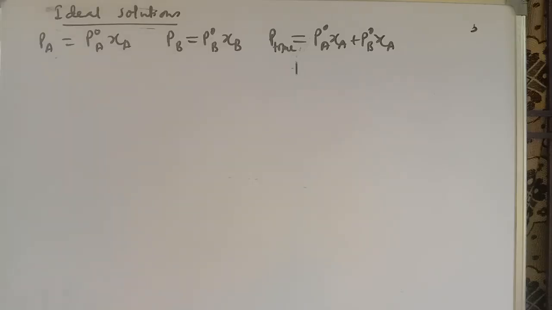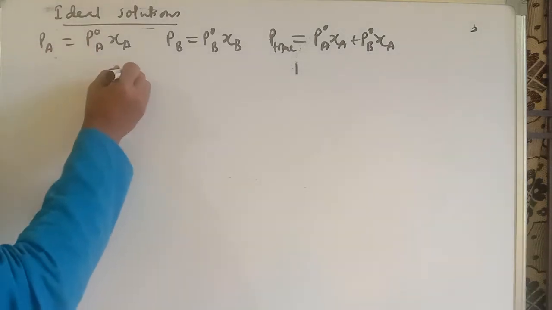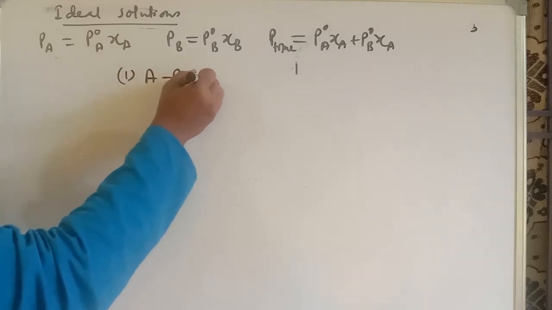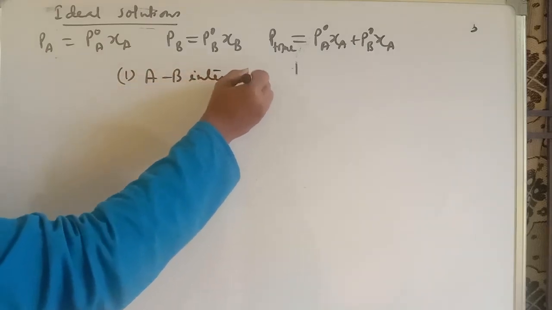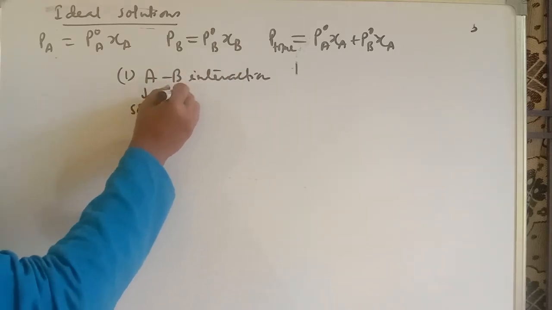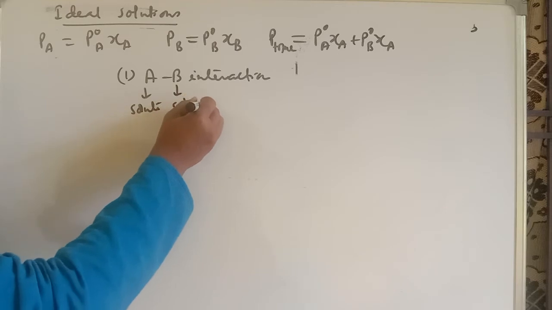Now you see, let us consider ideal solutions. So this is Raoult's law. This law is obeyed by ideal solutions, and some other conditions have to be followed for ideal solutions. So we can write for ideal solution, A-B interaction. Remember, A is your solute, we can consider, and B is your solvent.